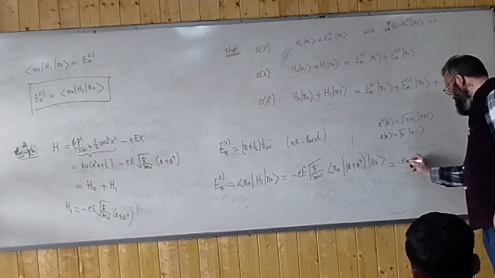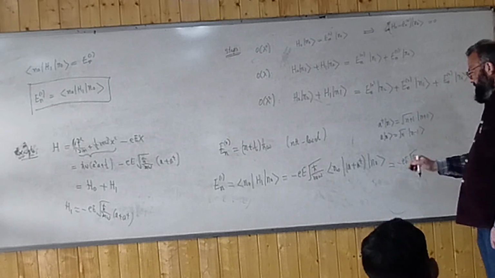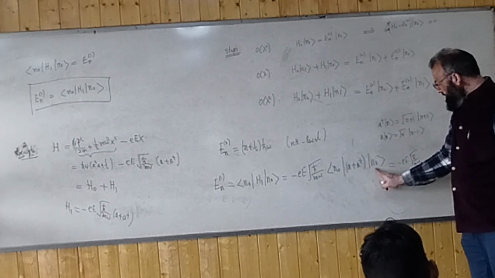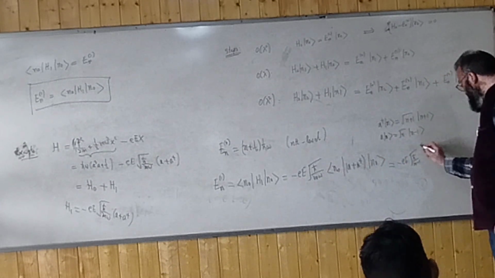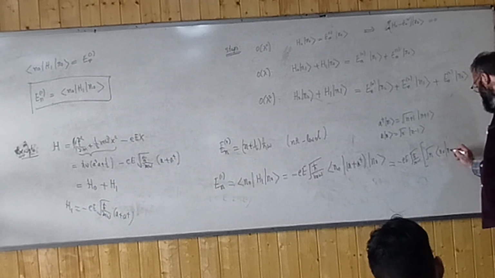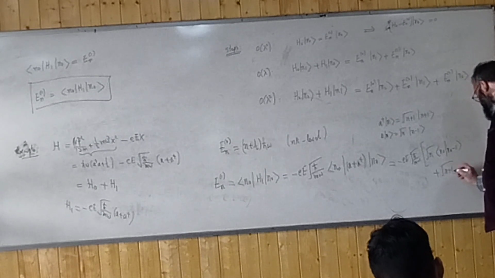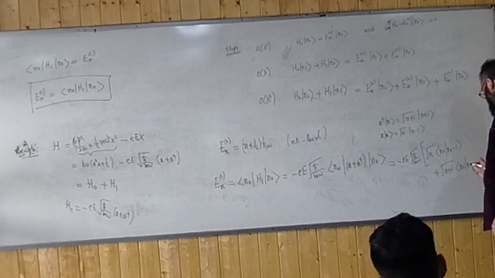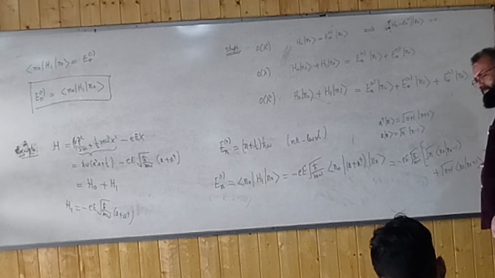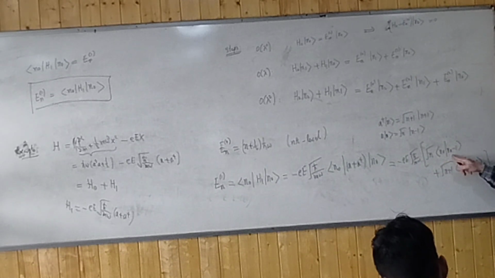You have minus E root of h cross by m omega, and a acting on n0 gives root of n times n0 minus 1, while a dagger gives root of n plus 1 times n0 plus 1.